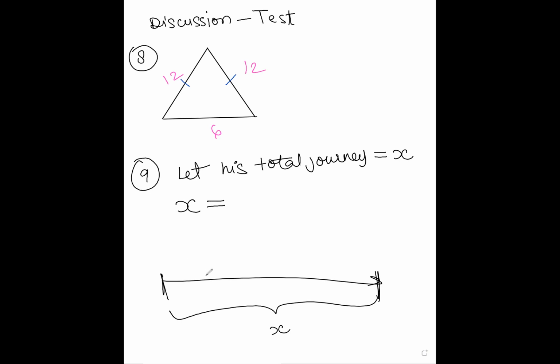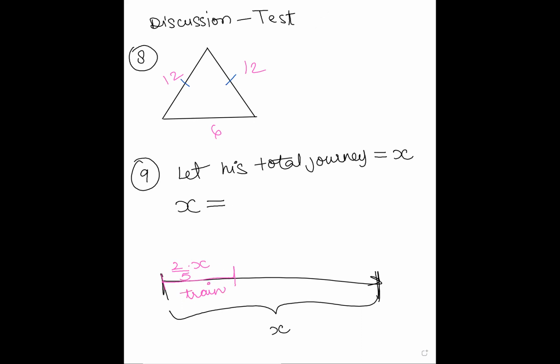So let's say from here to here, this is 2/5 of x. I put a dot in place of multiplication. 2/5 of x, and this is by train.